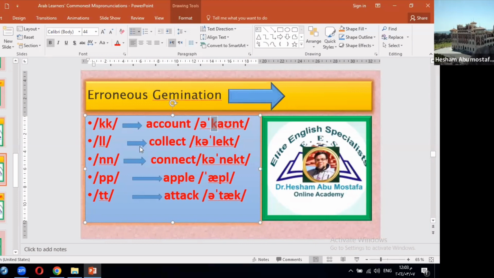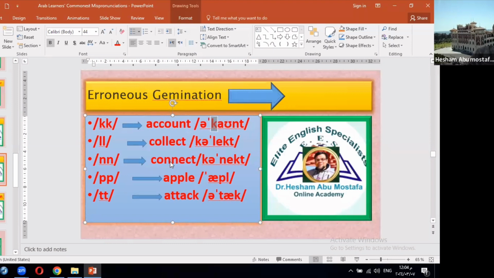Double l in words like collect. Here you note that it's transcribed as one l sound, but it's written as double l. So some students think that double l means "col-lect", okay?